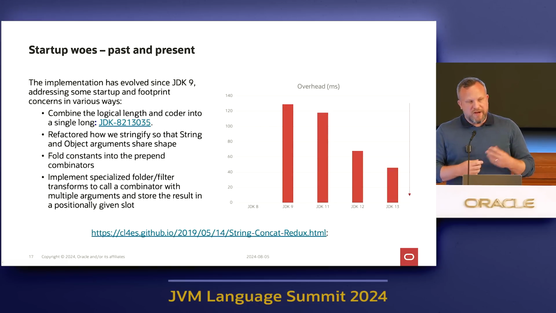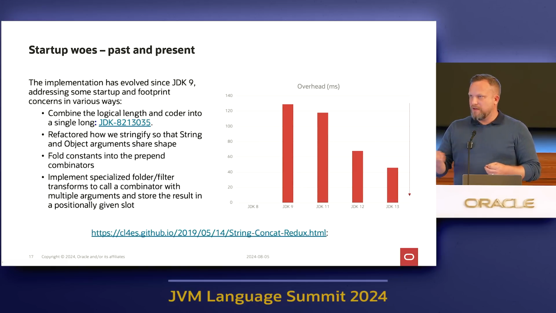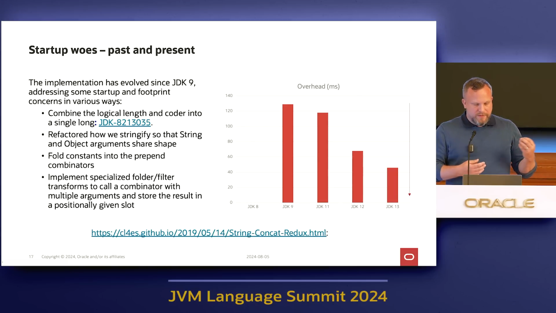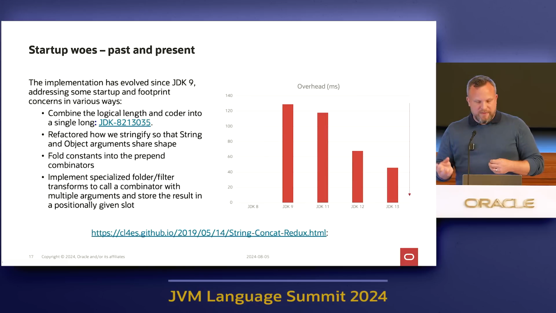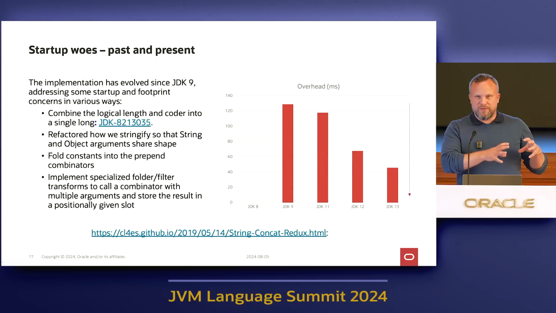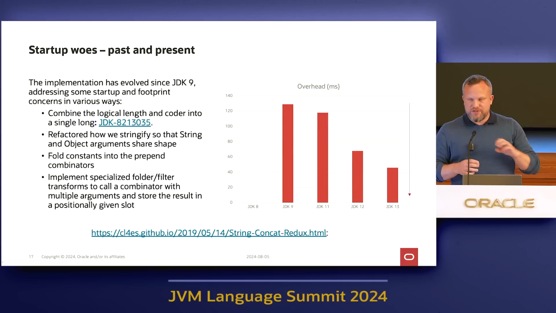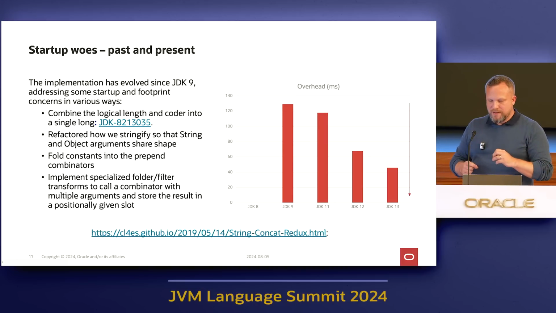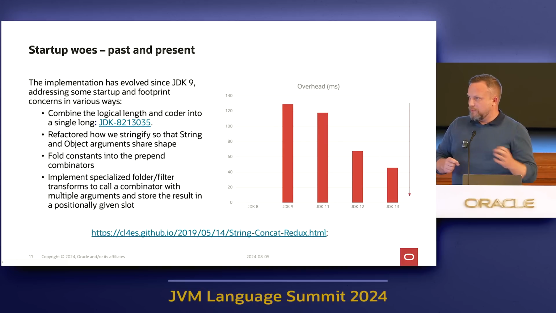We refactored so that strings and objects are treated the same. That cut down the number of classes by half in many cases. We folded constants into the prepend combinators, so the prepender is identical in tree shape whether there is a constant or not.